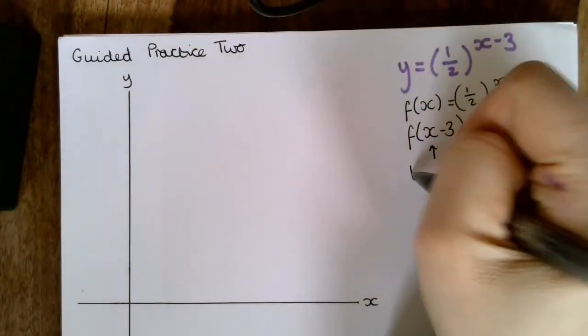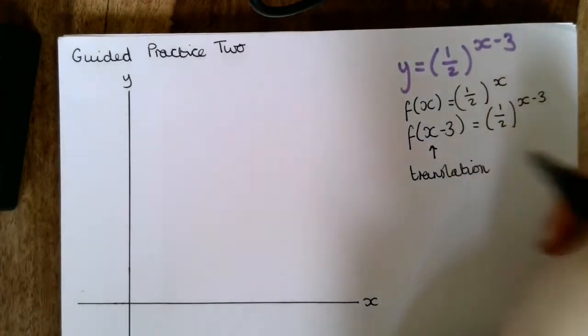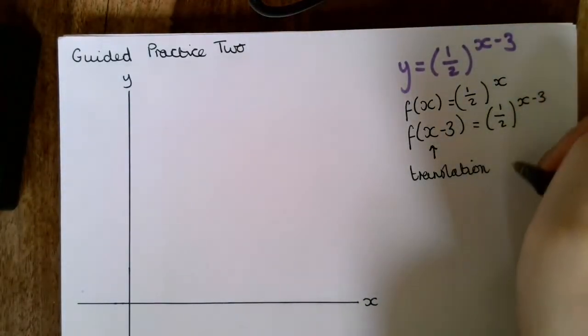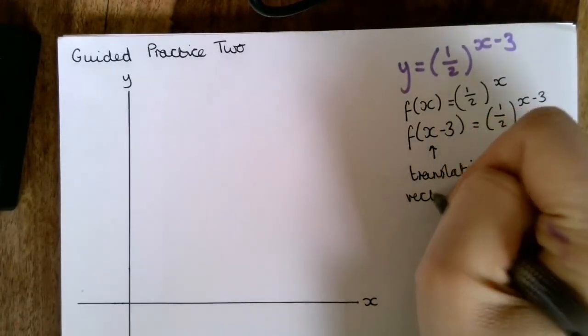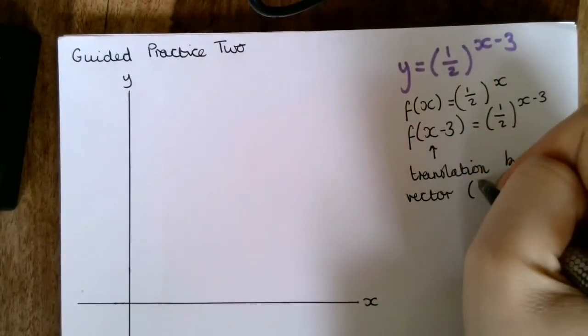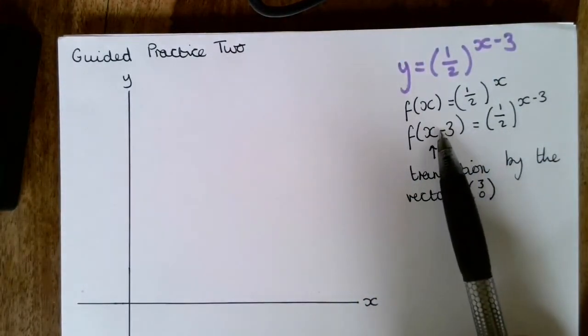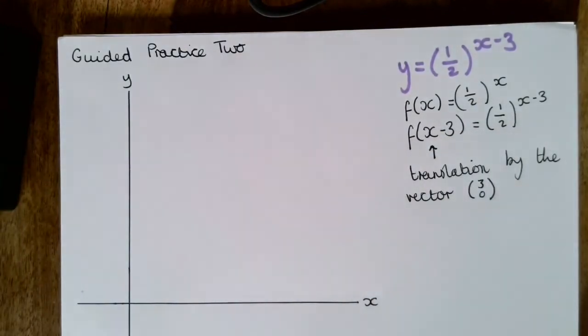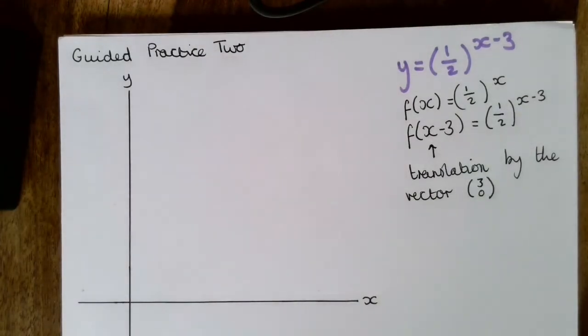We know that this is a translation by the vector (3, 0). When we've got the number inside the bracket, we're taking the opposite sign, moving right or left. So it's going to have the exact same form as y equals a half to the power of x, but it's going to be translated 3 to the right.